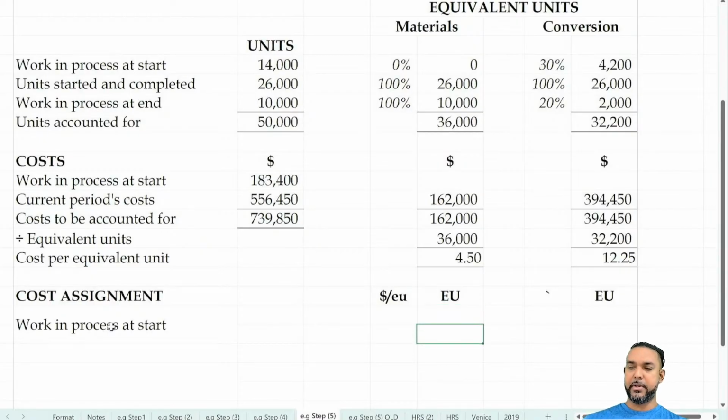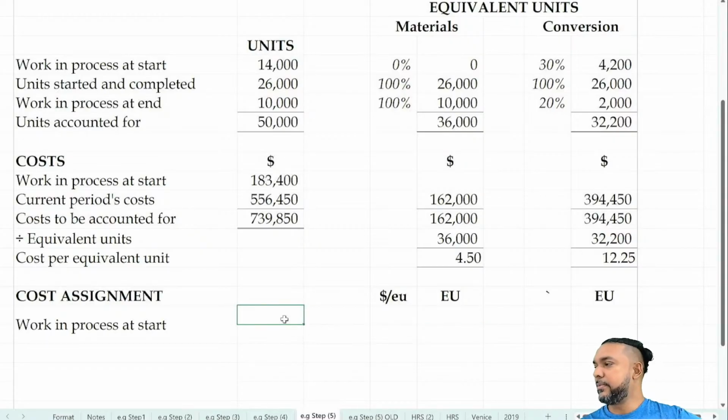What I'm going to put here is the entire amount. Actually, no, I shouldn't put it there. If I do that, it will seem out of sync with everything else. But then you see, this is materials, and what I have there is not just materials. Okay, I'm going to put this piece here.